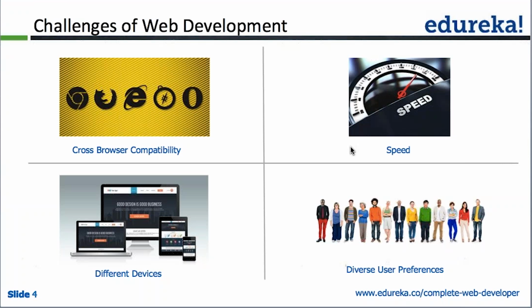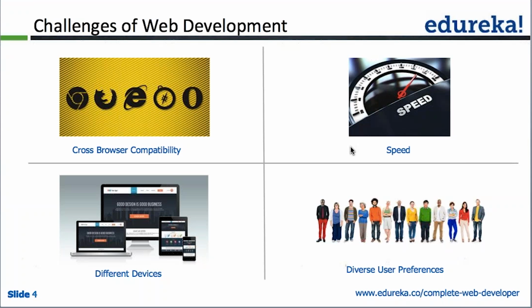Different devices. Today internet is available everywhere, even on our mobile devices. So let's say Flipkart or Amazon has launched some big billion day sale, and you are in college, or in office, or in transit, and a friend has told you or you got to know from FM that there is some sale going on, and you don't have a desktop or laptop with you, then you will definitely try to surf it on your mobile.